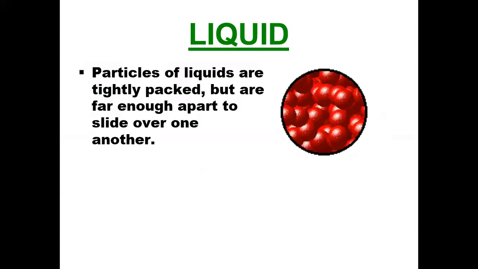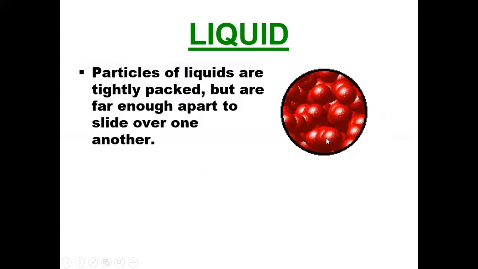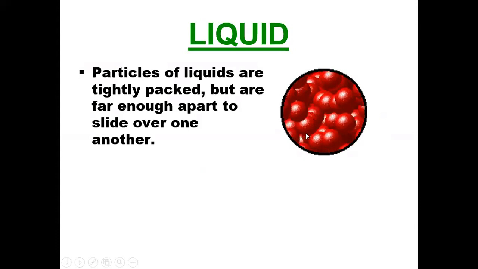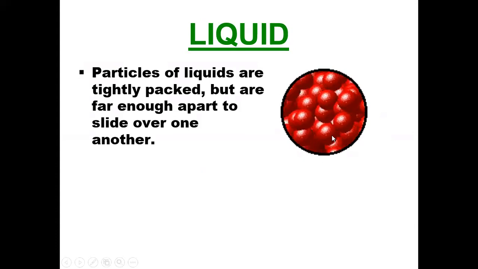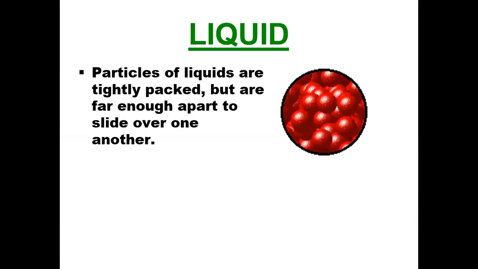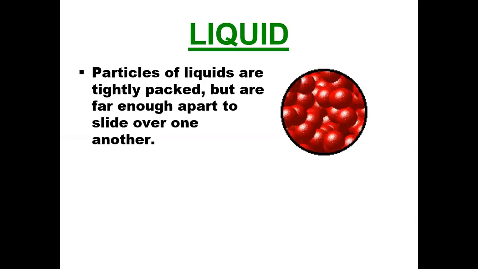And this is about the movement of the liquids. Liquids can go past each other. Because of this, we can flow liquids. We can pour some water from a cup to another cup. We can drink water. We can pour juice, milk, oil, everything which is liquid.